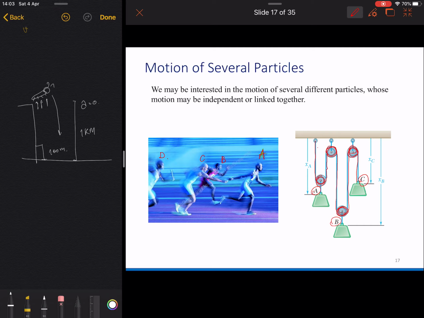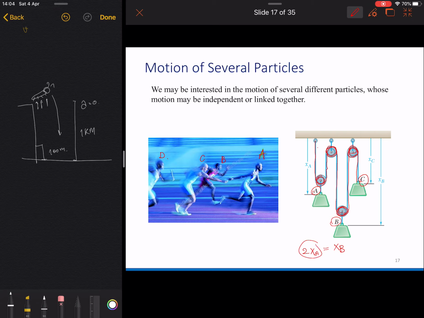Okay, for example, there will be an example in the future also, that the displacement of A compared to the displacement of B, the displacement XB will be 2 times XA, for example.